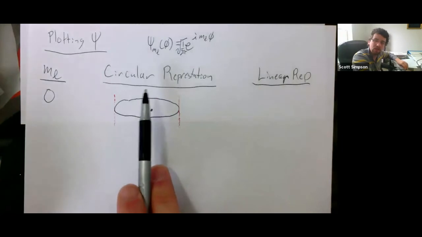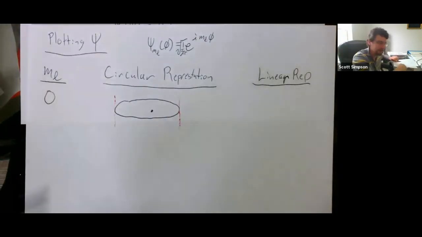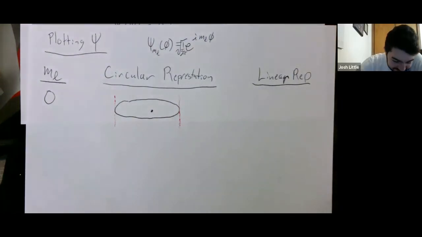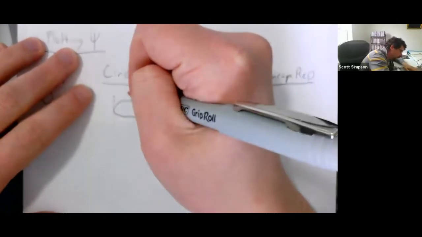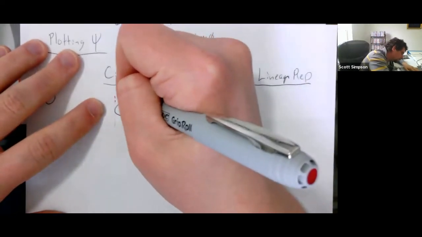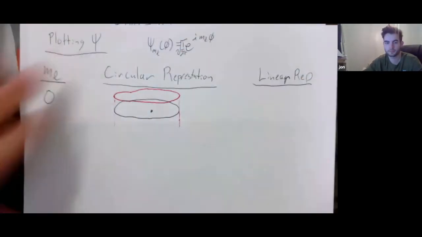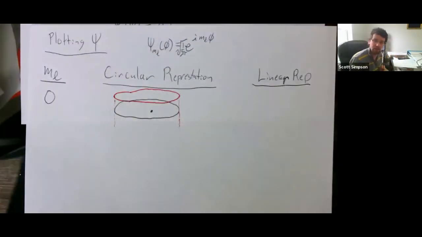What does that mean for the wave function itself, if we go to plot it? It's going to be a constant value, a constant positive value, right? So it's just going to be a positive value like that. The picture I draw in red is what the wave function itself looks like.